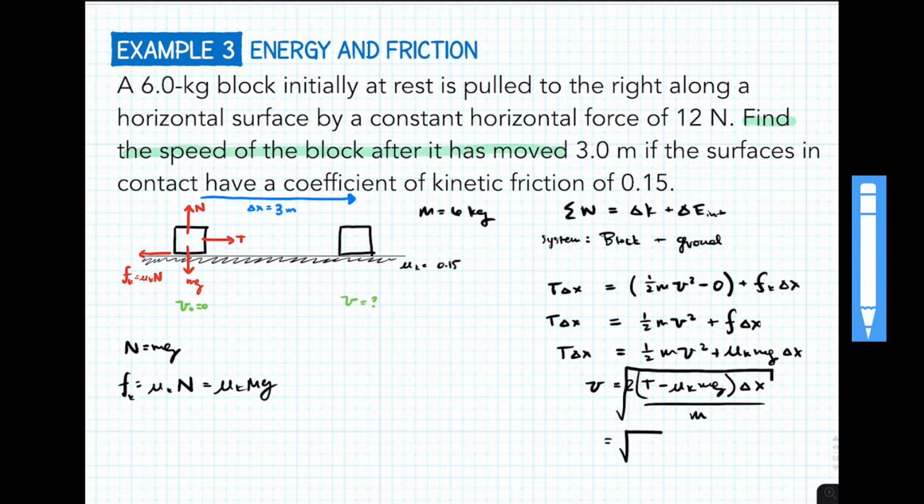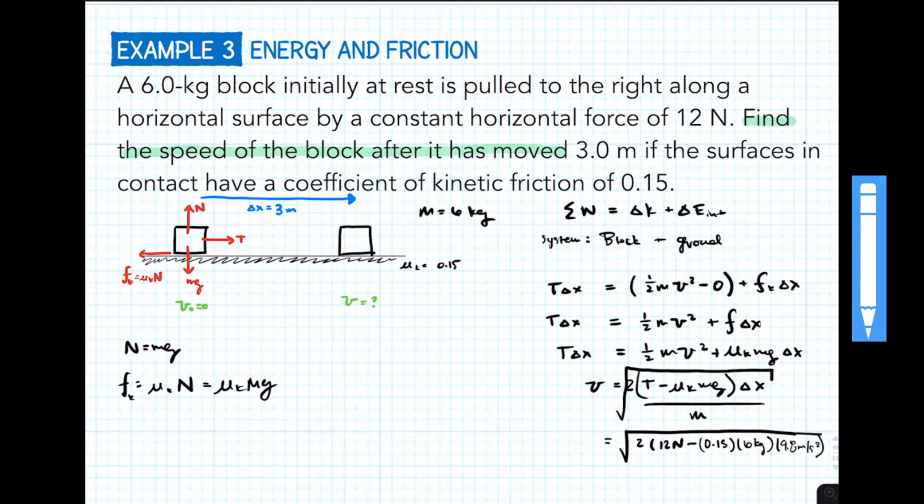That's going to give us 2 times 12 newtons minus 0.15 times m, which is 6 kilograms, and g, which is 9.8 meters per second squared.